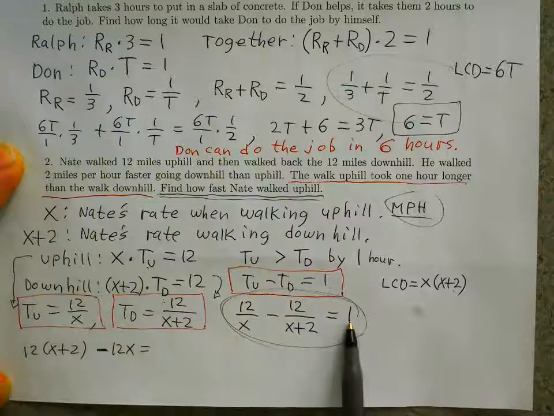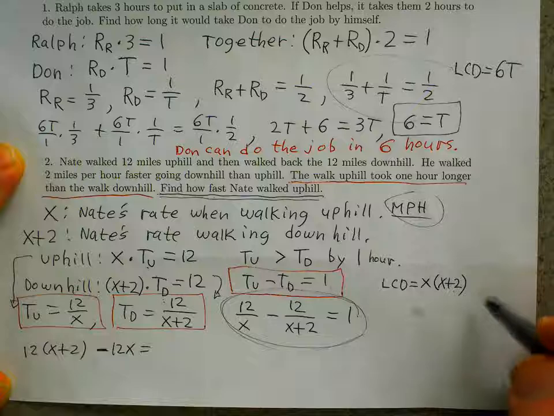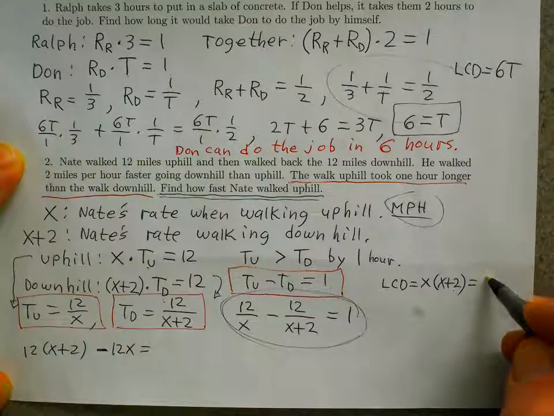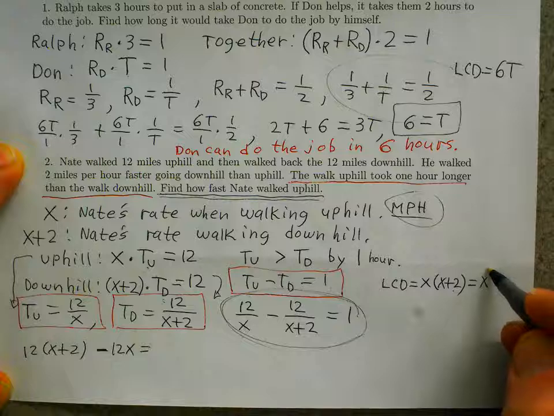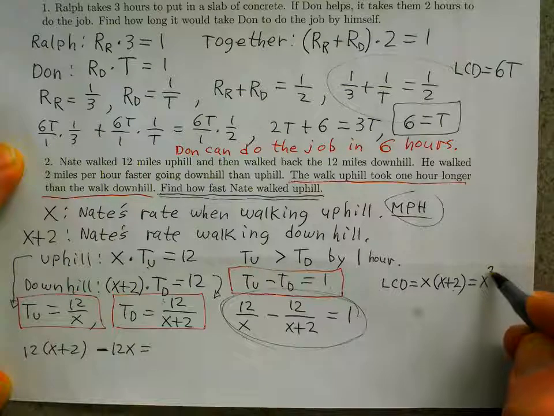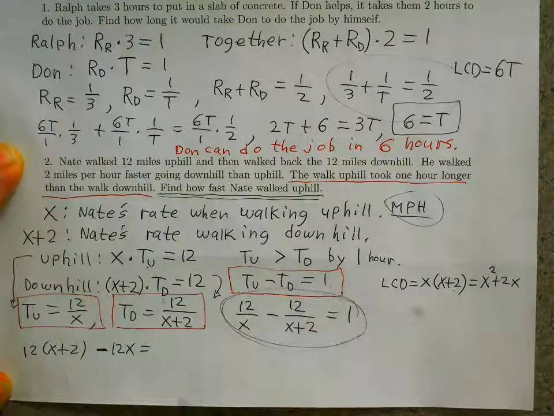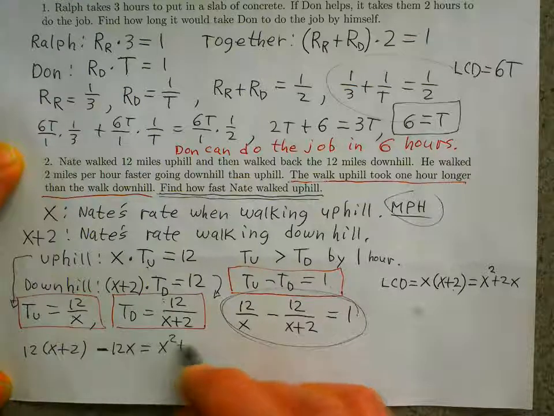And then on the right-hand side, multiply 1 times the least common denominator. So we'll multiply 1 times the product of x times x plus 2, which is x squared plus 2x. So the right-hand side becomes x squared plus 2x.